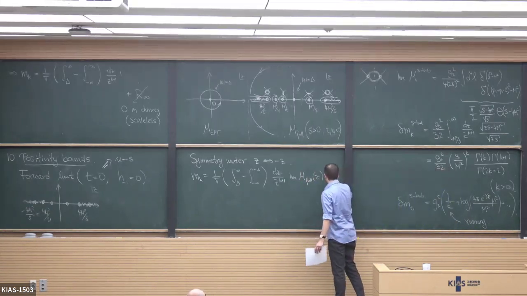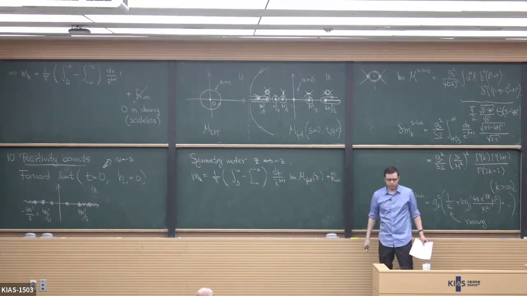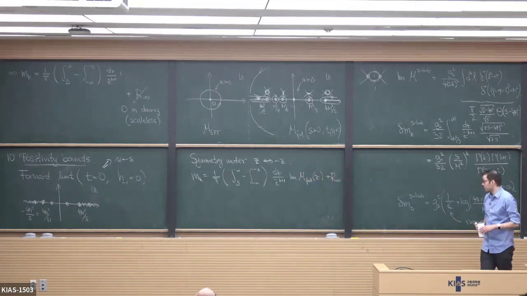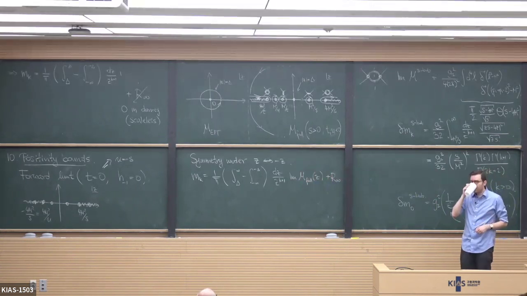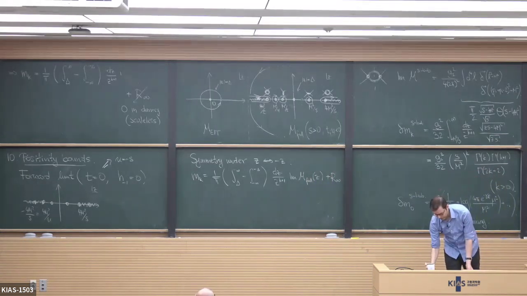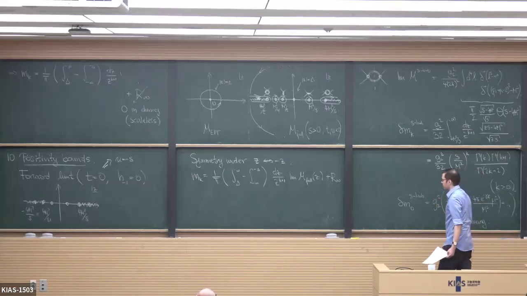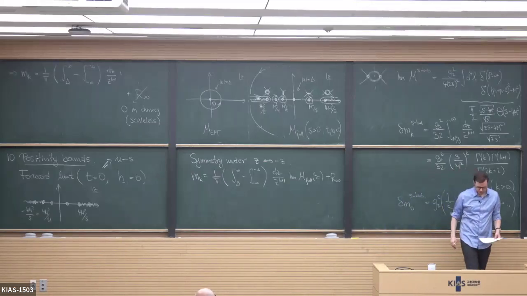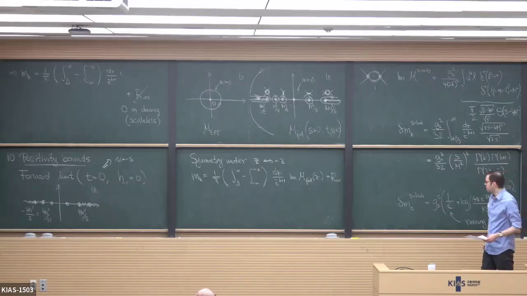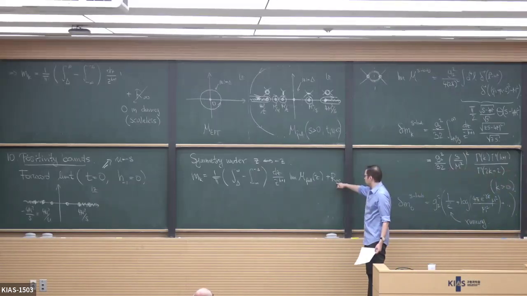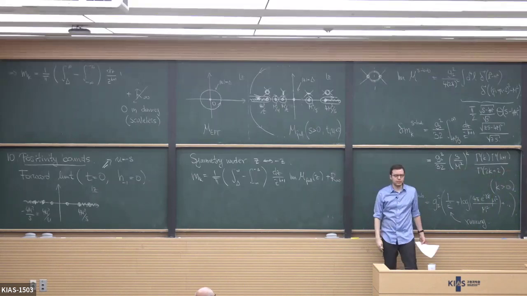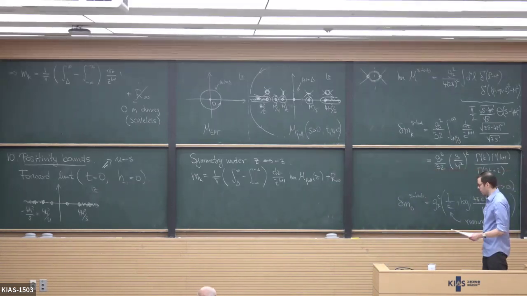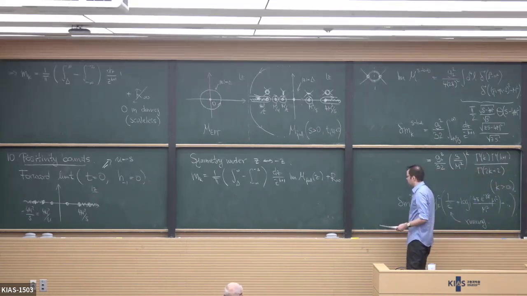Strictly speaking, in this story, I actually need to be slightly more careful about the terms at infinity. The reason for that is related to what we studied yesterday or two days ago about the Froissart bound. The Froissart bound told us that the cross section grows as log squared of the kinematic invariant.